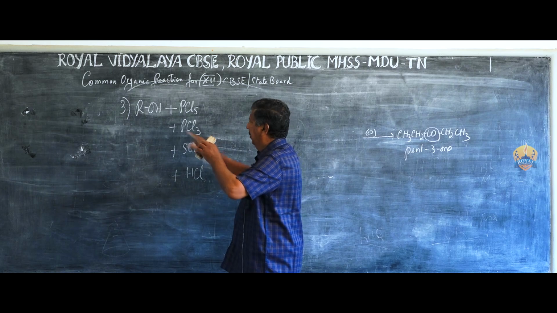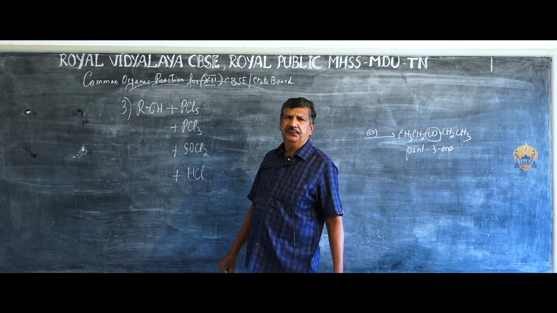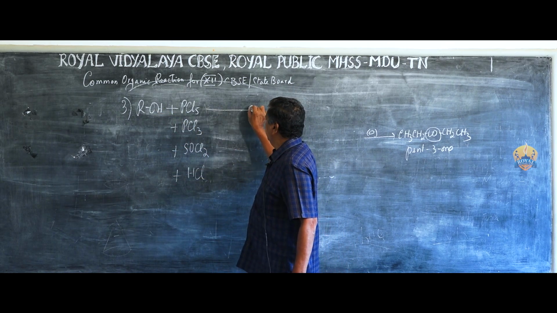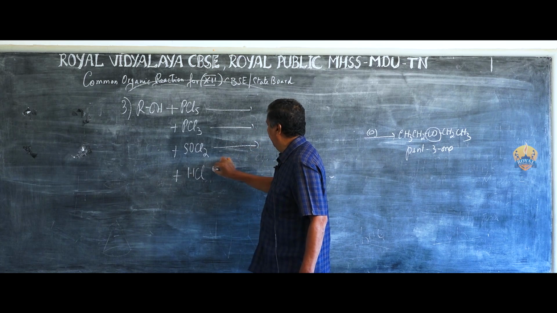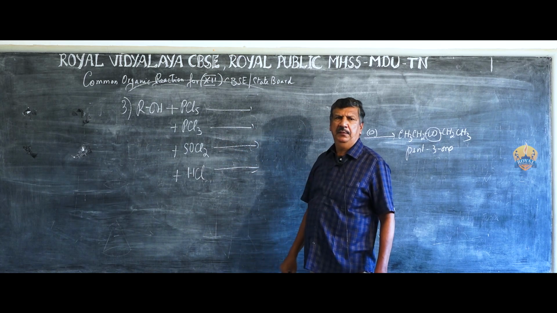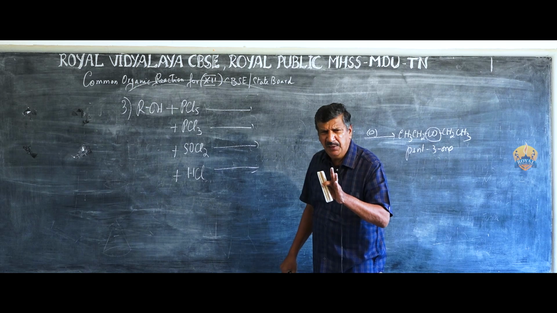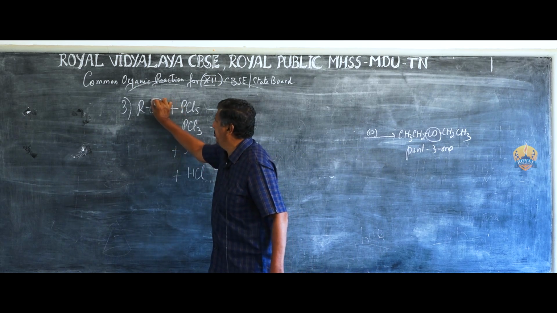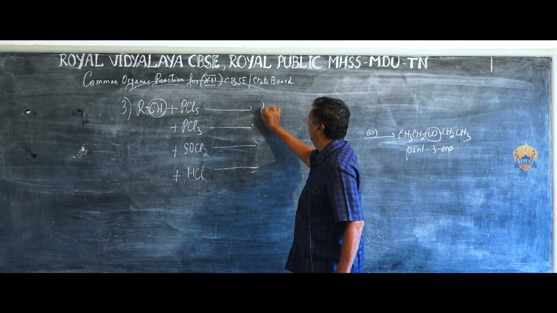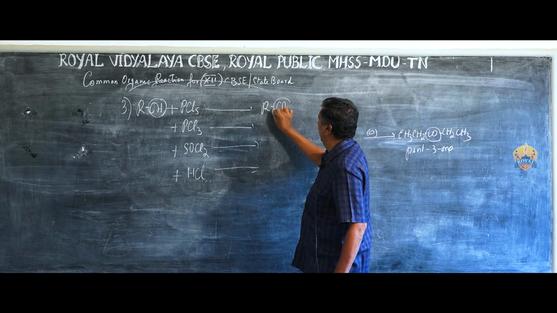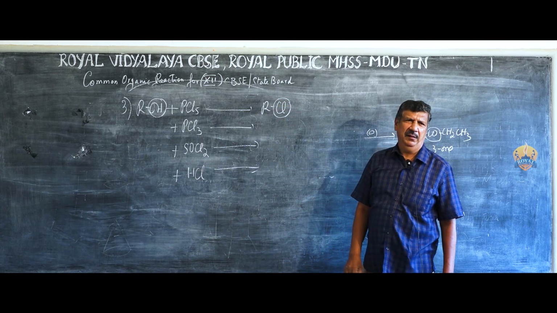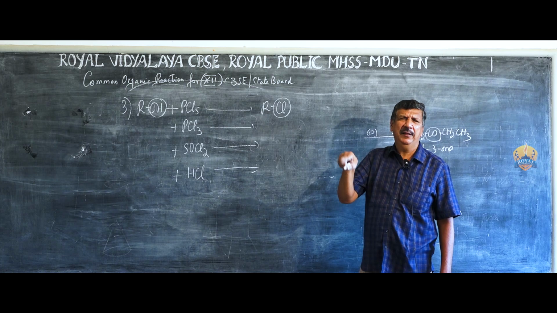So this is a reaction. For all these reactions, you should convert the OH into Cl. That is the main product. Don't forget the main product. That's why I am rounding the main product.